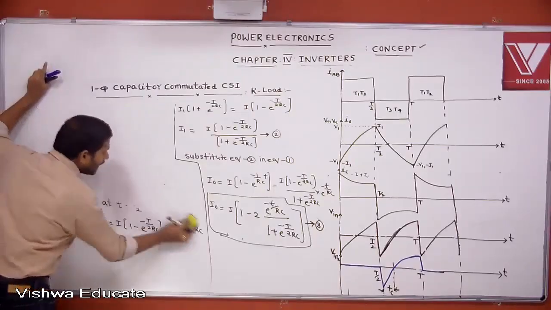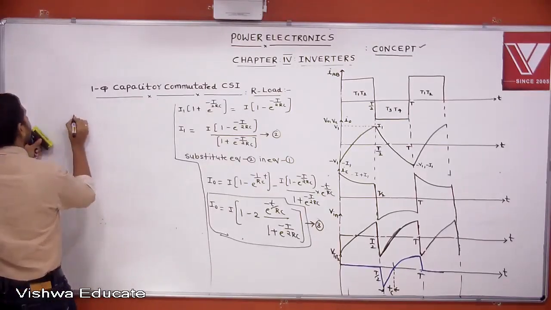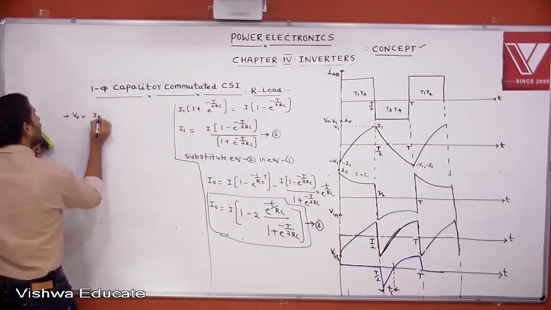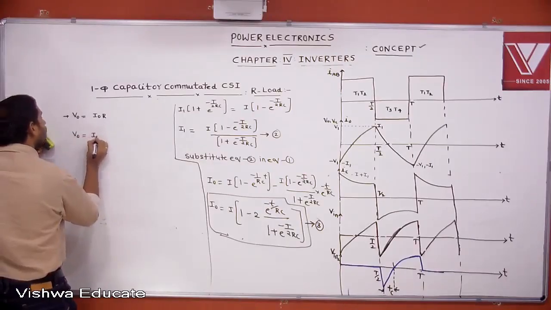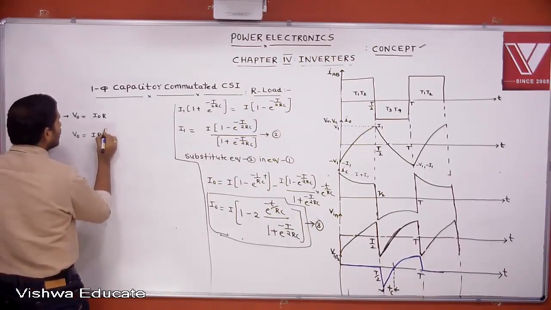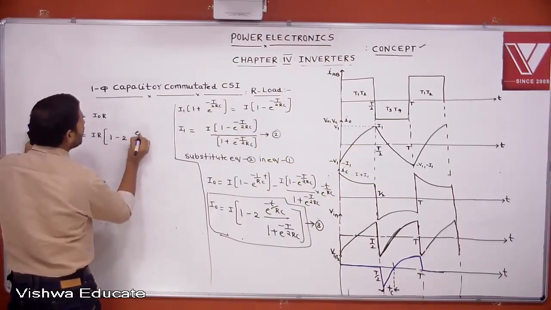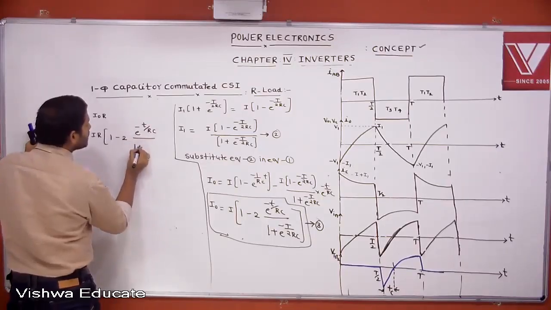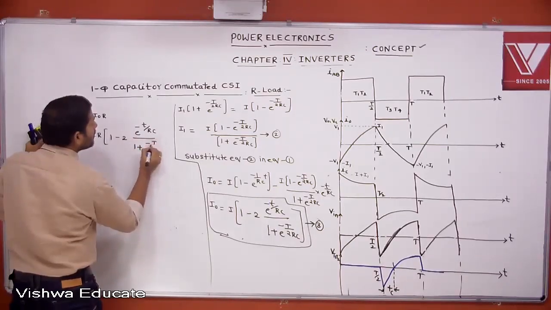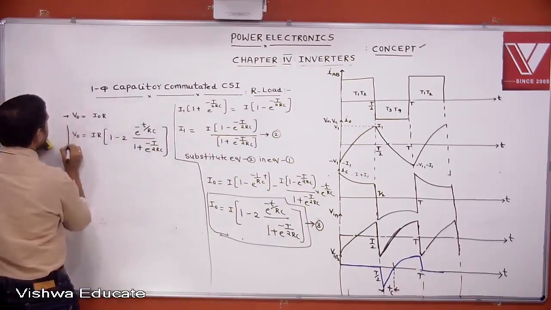V naught equal to I naught into R. Then load output voltage V naught equal to I naught into R, which means IR into 1 minus 2 into e power minus T by RC by 1 plus e power minus T by 2 RC. This is the output voltage.